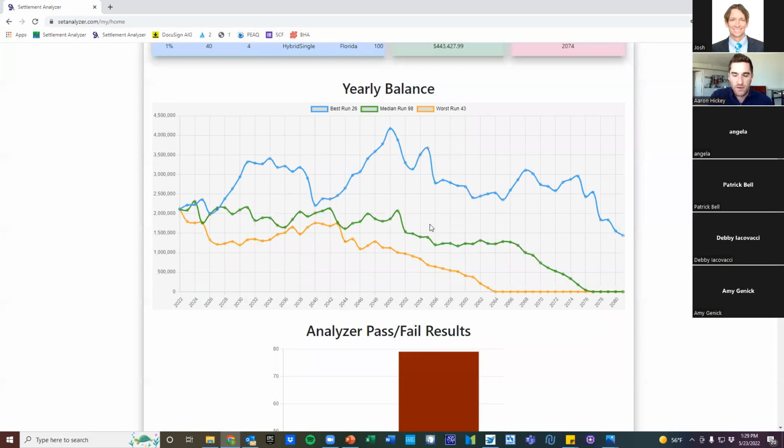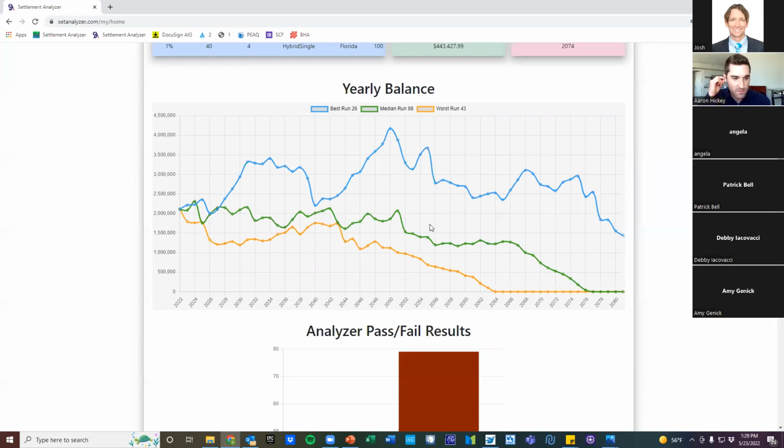Moving down to the next, just a general graph to give a little bit more insight. Blue one you'll notice is our quote unquote best run. Our green run was our median run. That was our average. And yellow is worst case scenario.